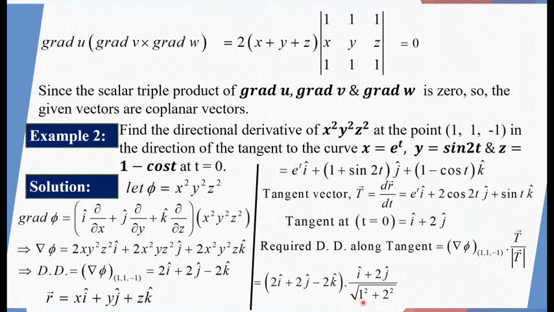So 1 squared is 1, 2 squared is 4, so it is 5. And when we take the dot product of these two, 2 times 1 is 2 and 2 times 2 is 4, and the rest will be 0. So it will be 2 plus 4 plus 0 upon root 5, or 6 upon root 5. So it is the required directional derivative of the given function in the direction of the tangent of the given curve.